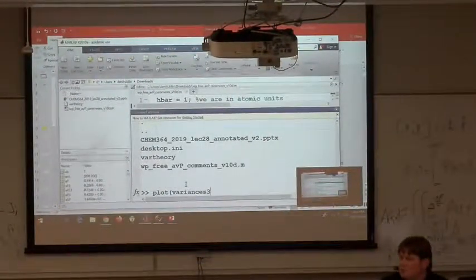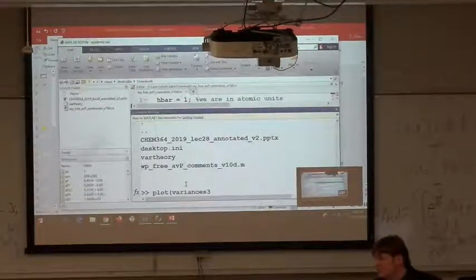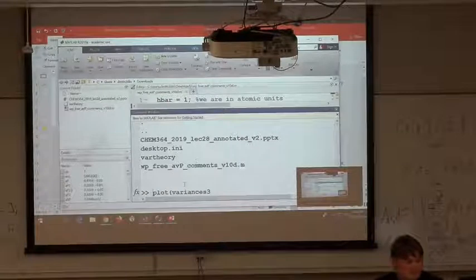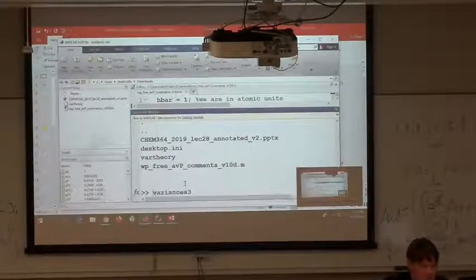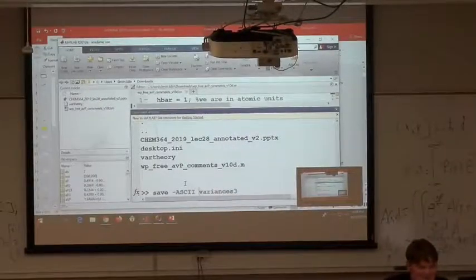Who was teaching us how to save data? John or Steven? Last time, I think. So I want to believe that you were teaching us to type save minus ascii, whatever, standard, and variances.